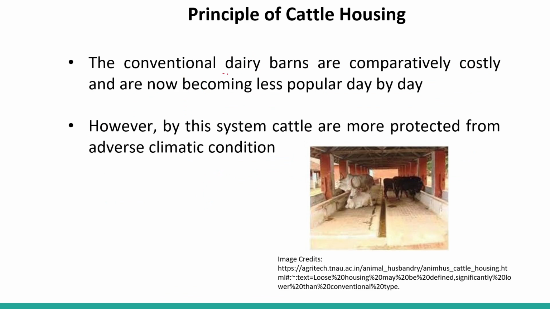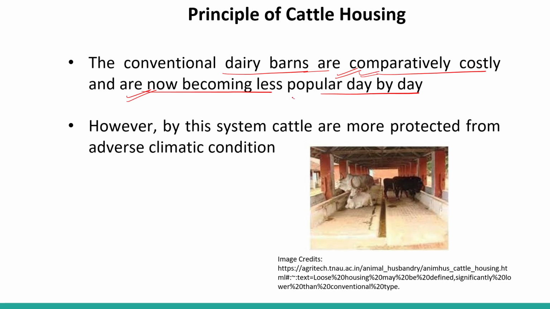The conventional dairy barns are comparatively costly and are now becoming less popular day by day. We require a lot of money, a lot of capital to construct a permanent roof and wall, right? So they require a lot of money.